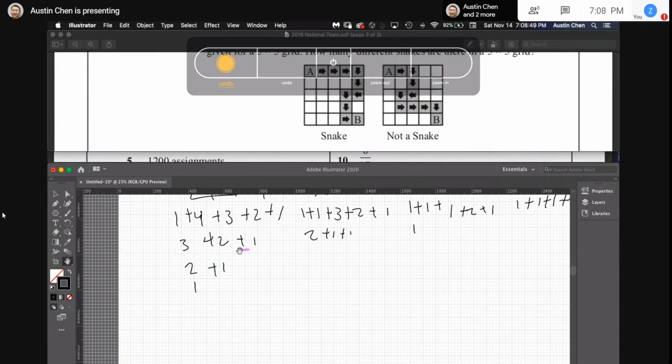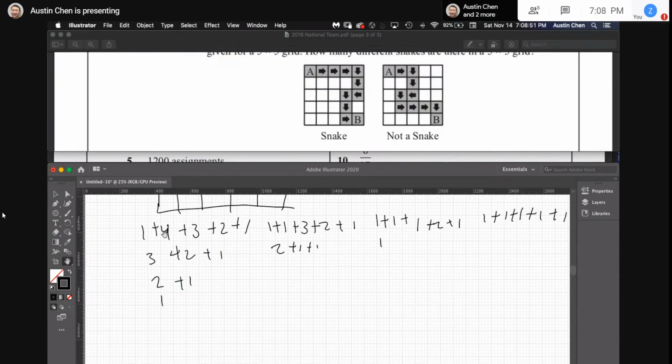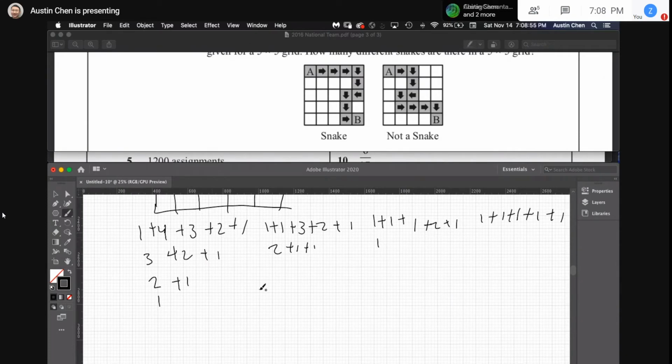Okay. Well, let's just count it more systematically. So this is going to be 11, and then this is going to be 6 and 4, right? So that's 10. This is going to be 6 and 2, so that's 8, and that's going to be 4. And then this is going to be 6, and with 1 is 7, and that's going to be 5, and that's it, right? All right.